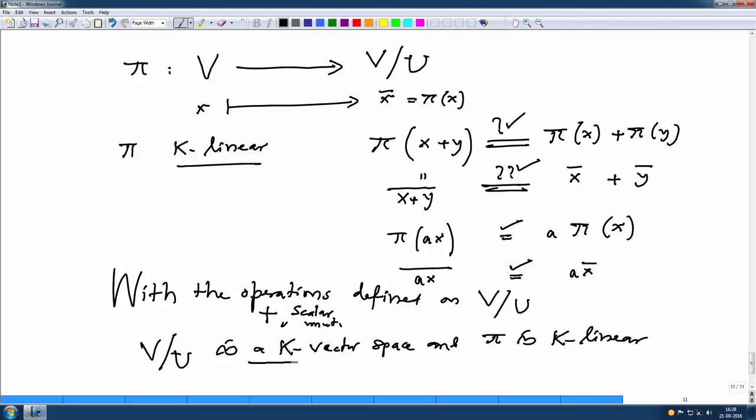For this we need to check that the scalar multiplication distributes over addition and this and that, those 4 properties from the first lecture of the definition of a vector space. That I am not going to do here. Pi K linear we have already checked. So our operation is so well defined that this map is a K linear map, and also it is clear that pi is surjective.